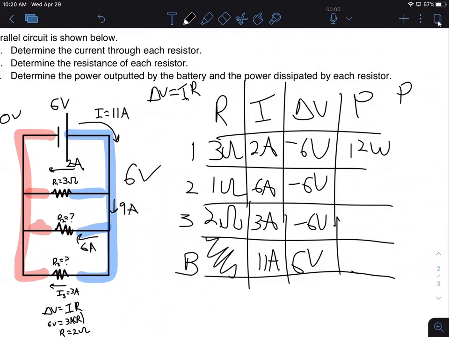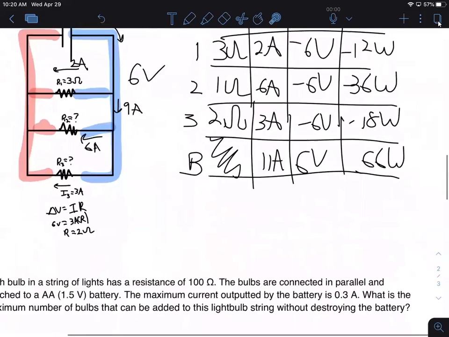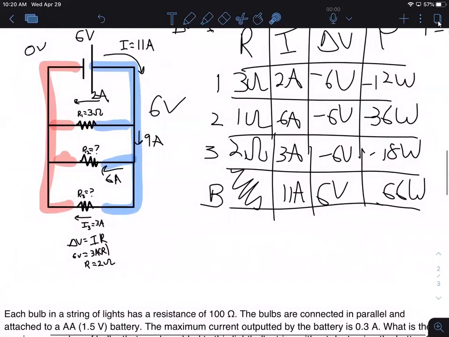Here I'm doing power equals I delta V. 36 watts. 18 watts. 66 watts. And we can check: 12 plus 36, 48. 48 plus 18, 66. Power in equals power dissipated.